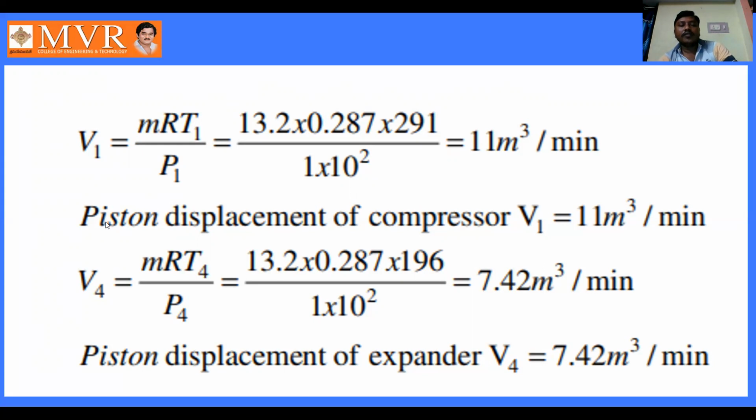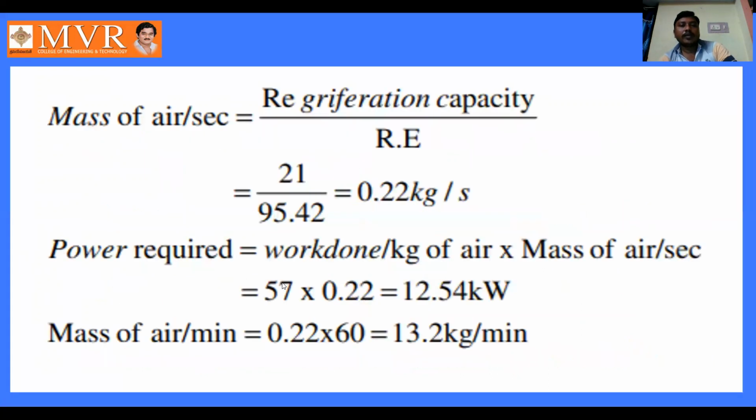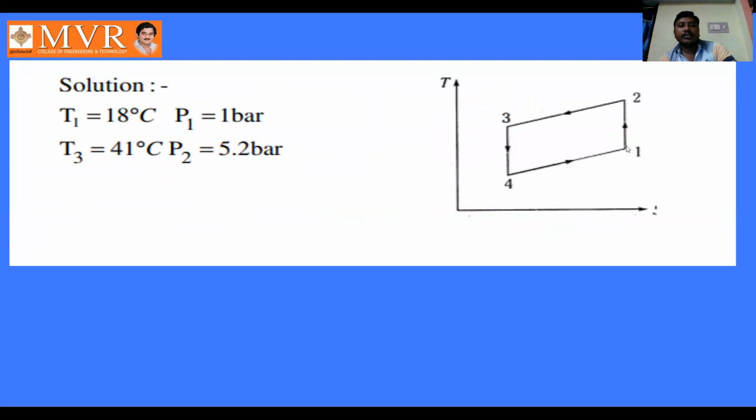And now we are going to calculate the piston displacement of compressor. In the third part, he asked to calculate the displacement of compressor as well as piston displacement of expander. Now we are trying for piston displacement of compressor. V1 is equal to 11 meter cube per minute, and V4. Here in the problem we know that T1 minus T4, this is the heat addition process which we are taking here.